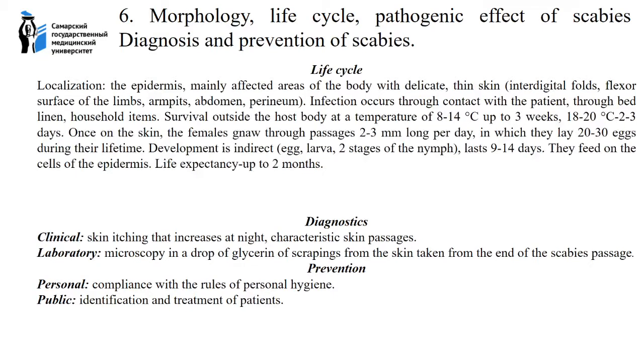Development is indirect: egg, larva, two-stage nymph, adult. It lasts 9-14 days. They feed on the cells of the epidermis. Life expectancy is up to 2 months.